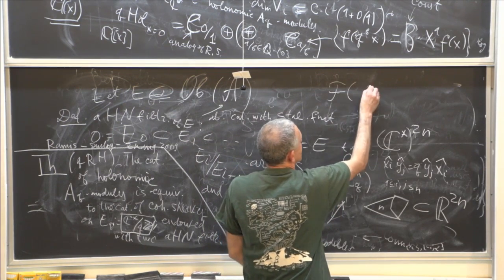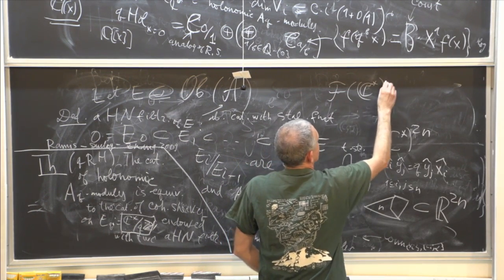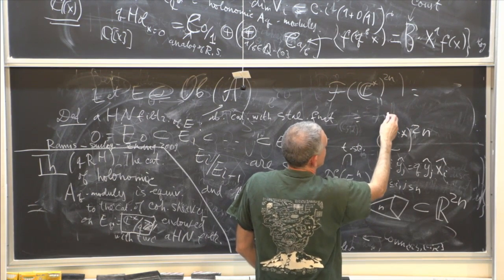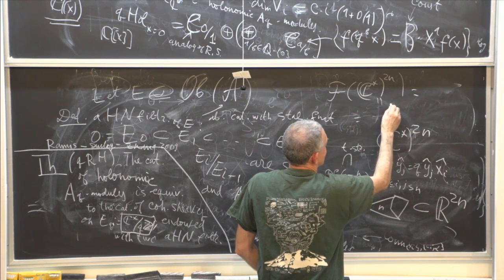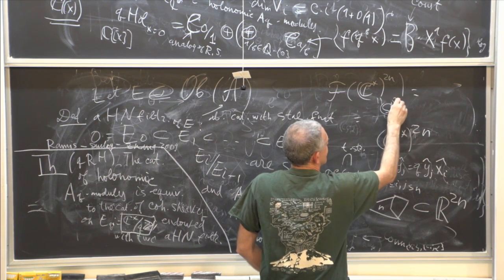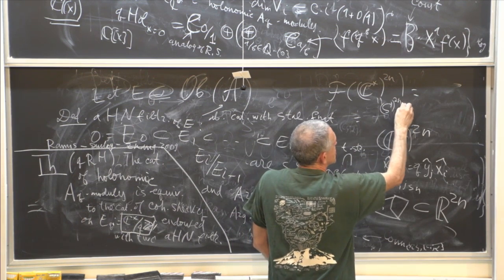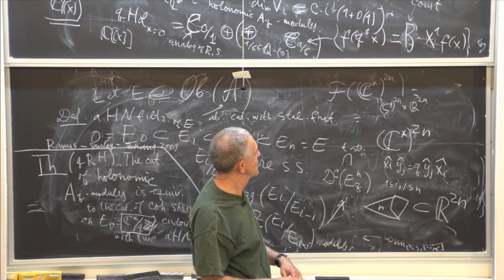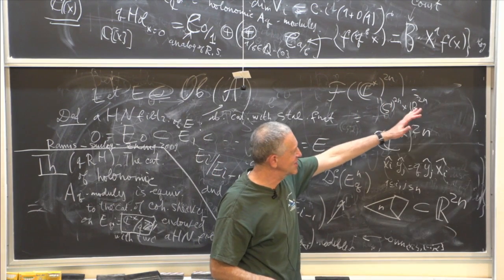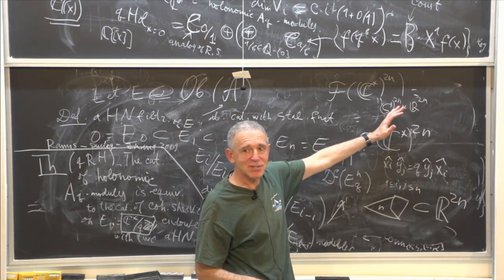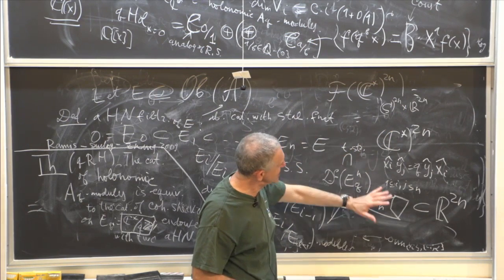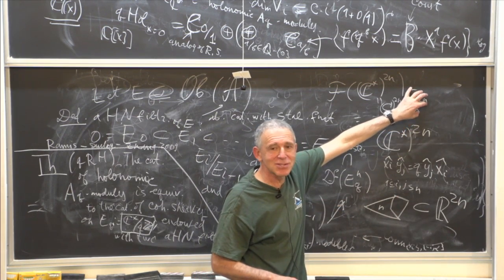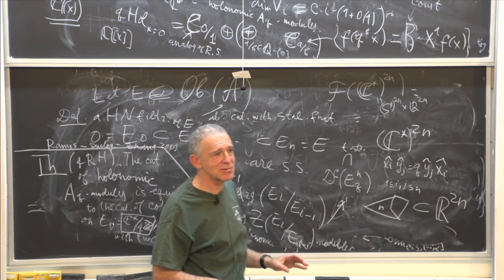If you think naively of the Fukaya category of C^n, if you factorize it as a product of the torus with R^n, and think of the Fukaya category as a tensor product of these two things, then this collection of rays, or this collection of cones, is indeed a collection of Lagrangians in the Fukaya category of this tensor factor.